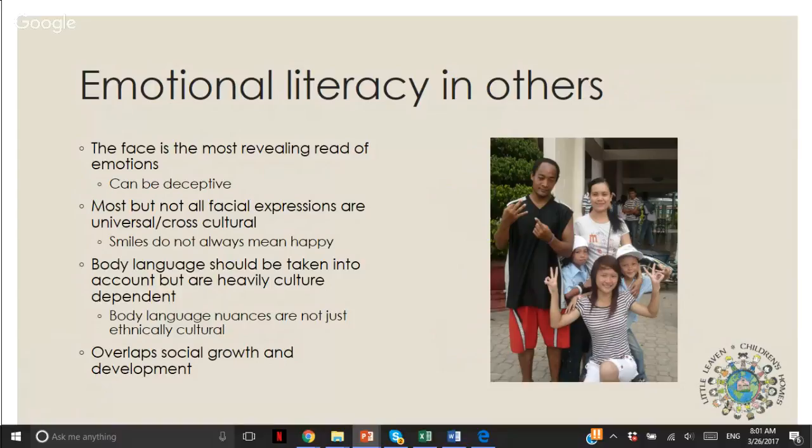Now we talked about how the different parts of the child development program, like emotional growth, social growth, and spiritual growth, overlap.